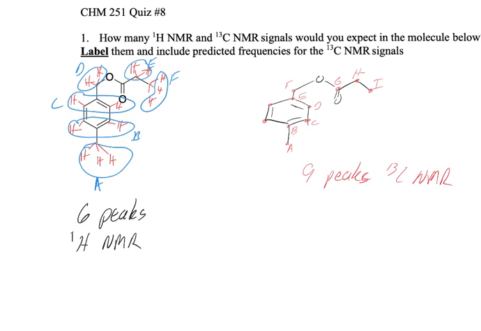And then the ranges are going to be basically pretty similar. But again, they're just ranges. So I'd have to take my table out and take a look here. What am I looking for? I'm looking for the table with the carbon NMRs.